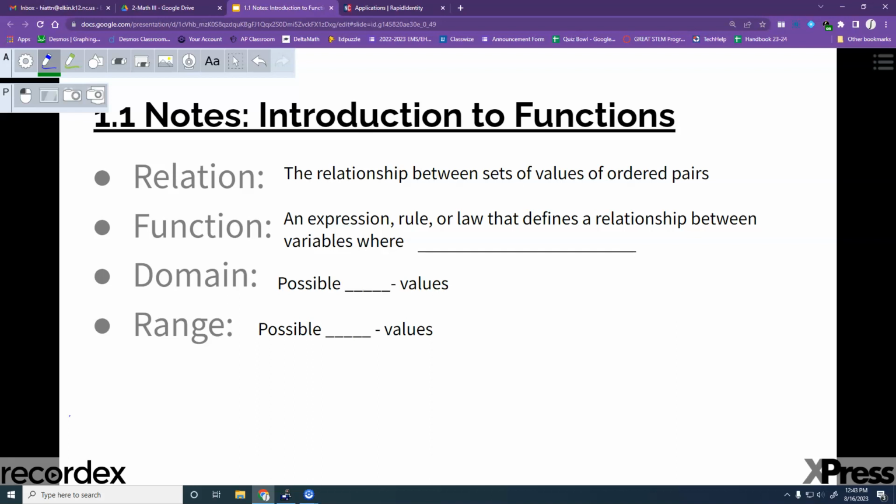But a relation doesn't have to meet certain standards that a function has to meet. So a function is an expression, rule, or law that defines a relationship between variables where x values do not repeat.